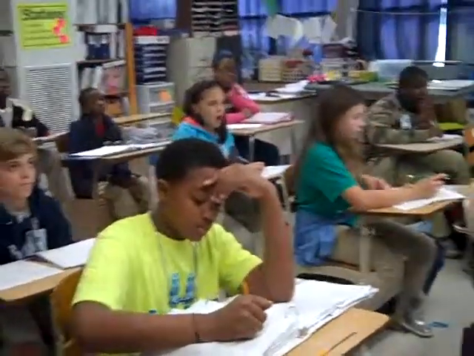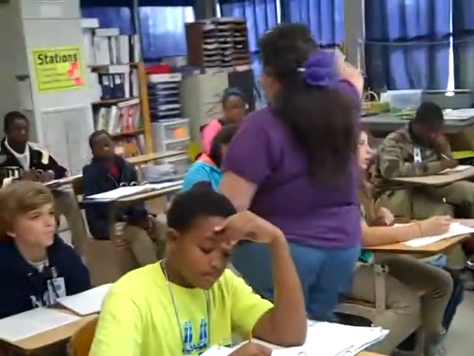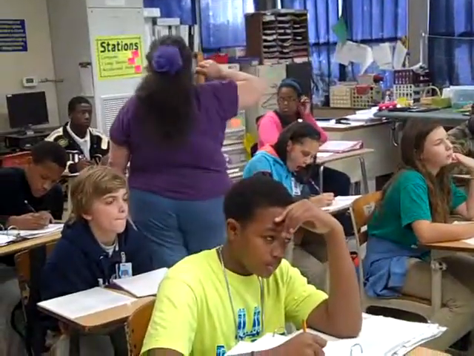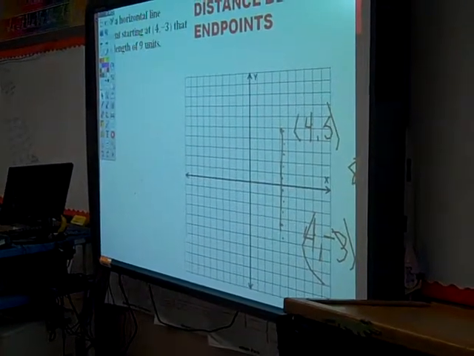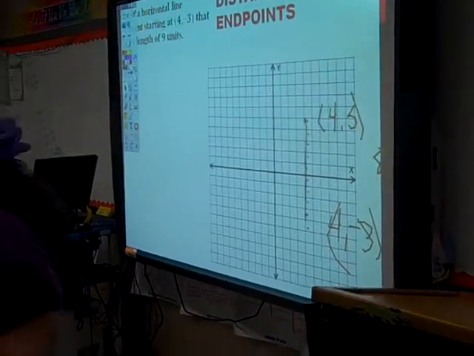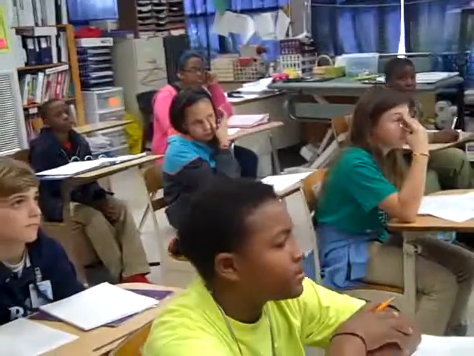How many units are there apart? Just like we started at the beginning, we can use that absolute value. I want to draw a horizontal line. Which way is horizontal? Okay, so I want to end up creating a rectangle out of this shape.